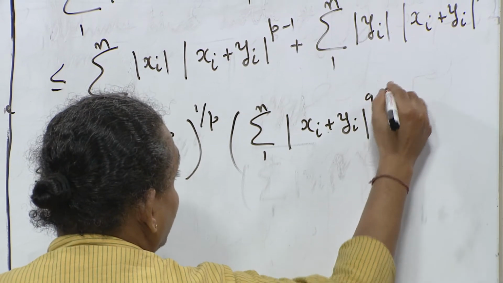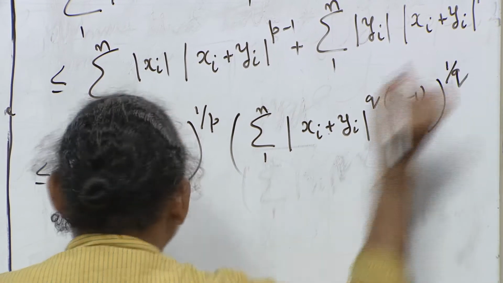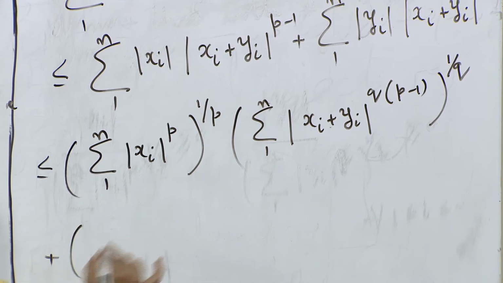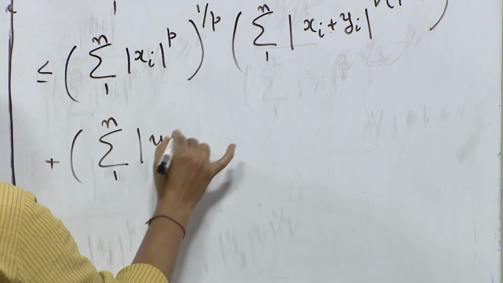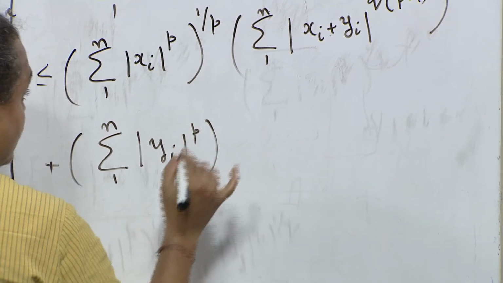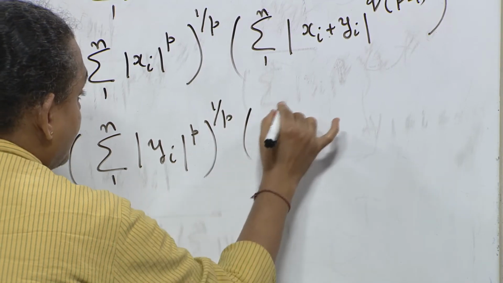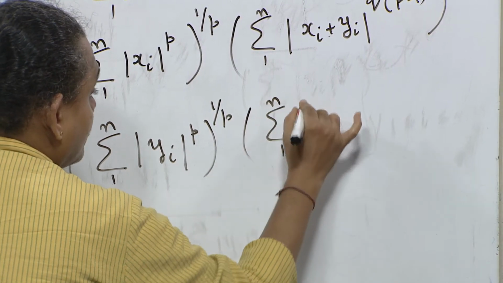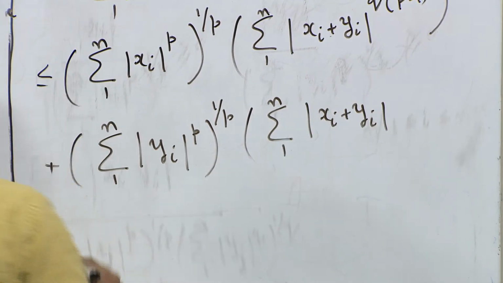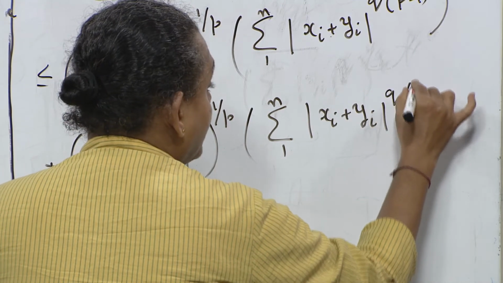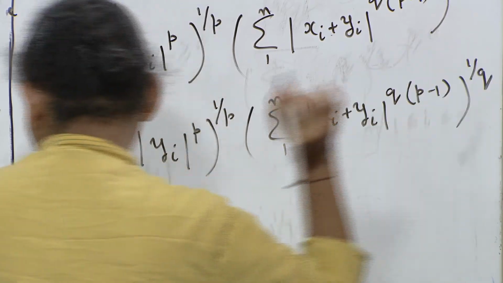So, I will have q times p minus 1 whole raised to the power 1 by q plus the next one summation 1 to n mod yi raised to the power p whole raised to the power 1 by p times summation 1 to n mod xi plus yi raised to the power q into p minus 1 whole raised to the power 1 by q, right. This is what we have.